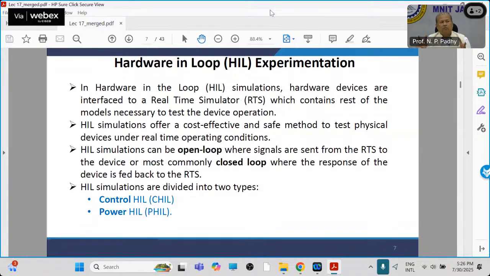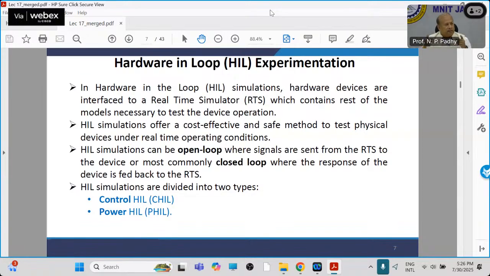So I will have the whole microgrid planted in my simulator, either OpenRT or RTDS or any platform. The physical device lying outside is my battery in this case. The hardware word comes because of that device, and in loop simulation because it is connected through the simulator.